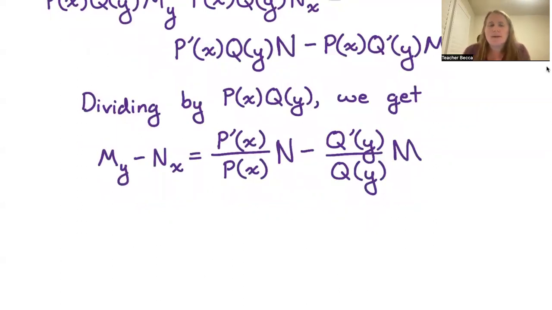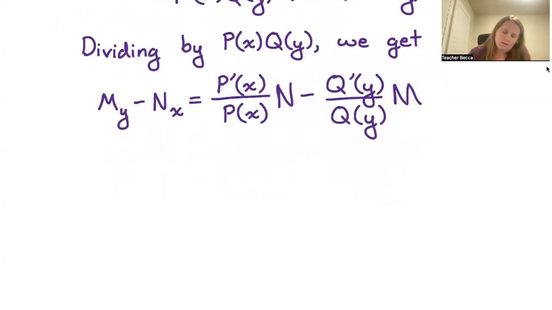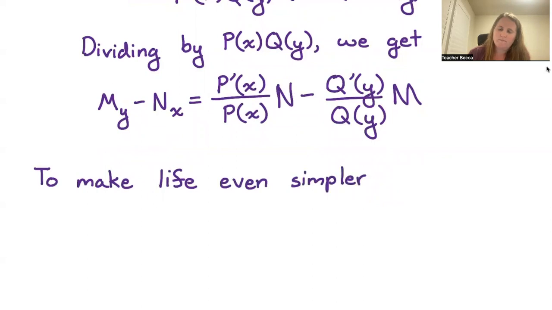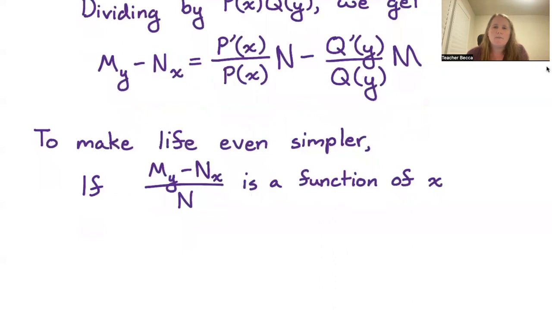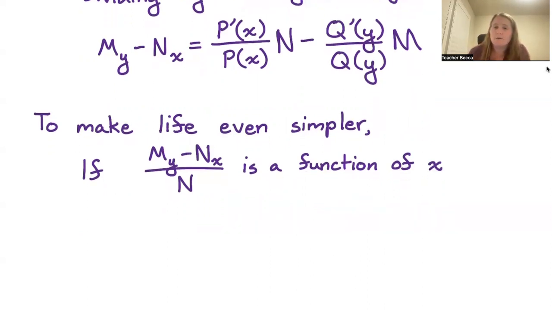So now we're going to play some tricks. To make life even simpler, let's go ahead and say if my minus nx over n is a function of x, then we can go ahead and take our q to be identically 1.